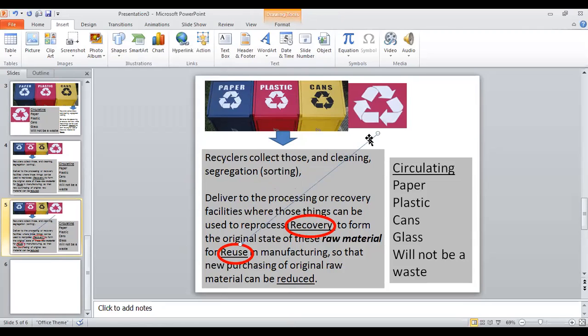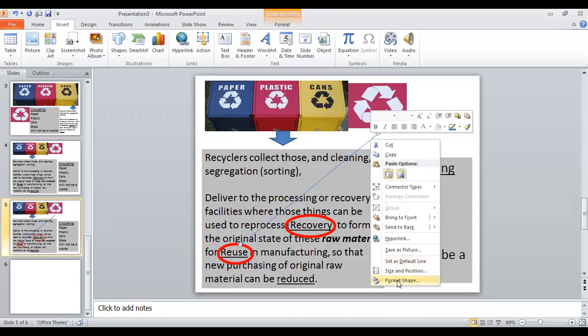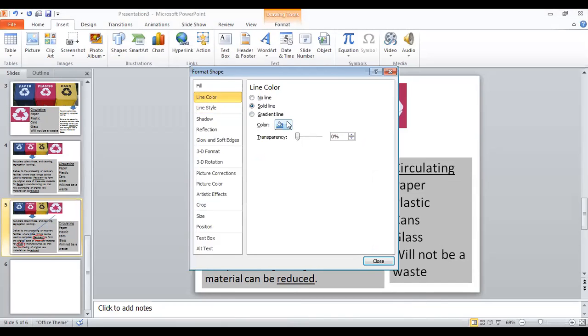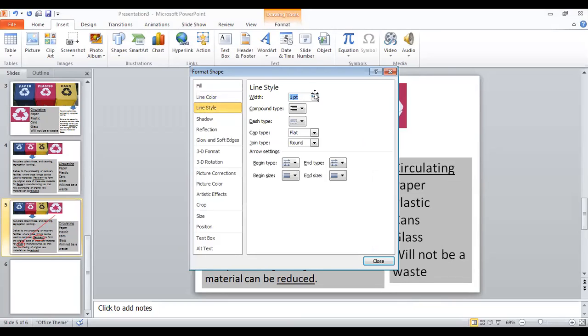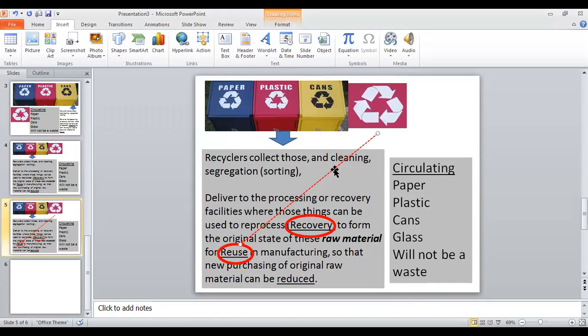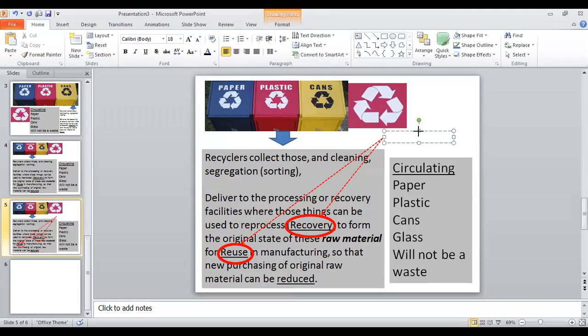So this one. Okay, this, plus this. This is what we call recycling.